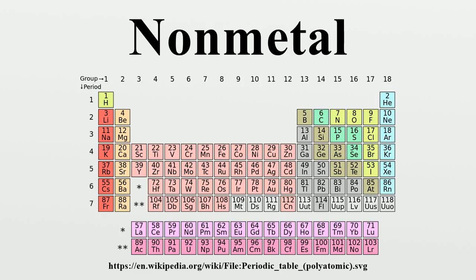Nitrogen can form gaseous tetranitrogen, an unstable polyatomic molecule with a lifetime of about 1 microsecond. Oxygen is a diatomic molecule in its standard state. It also exists as ozone, an unstable polyatomic nonmetallic allotrope with a half-life of around half an hour.